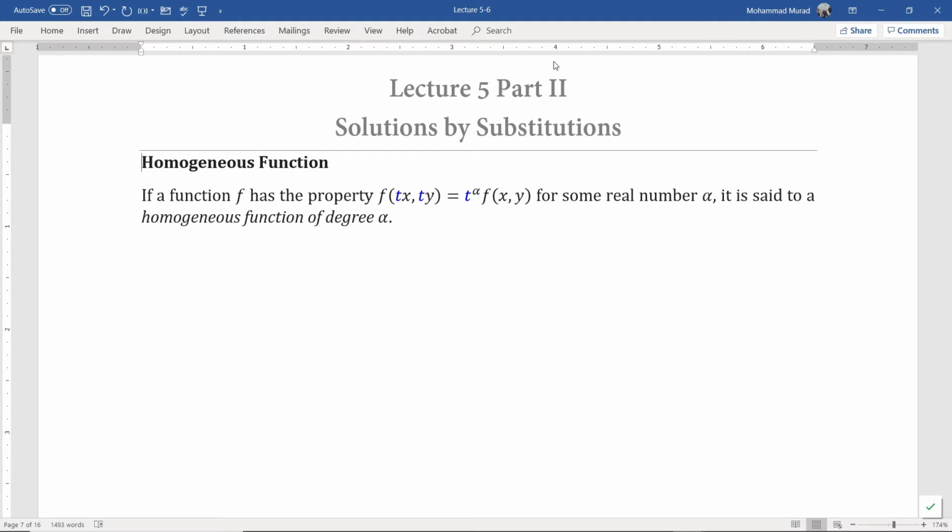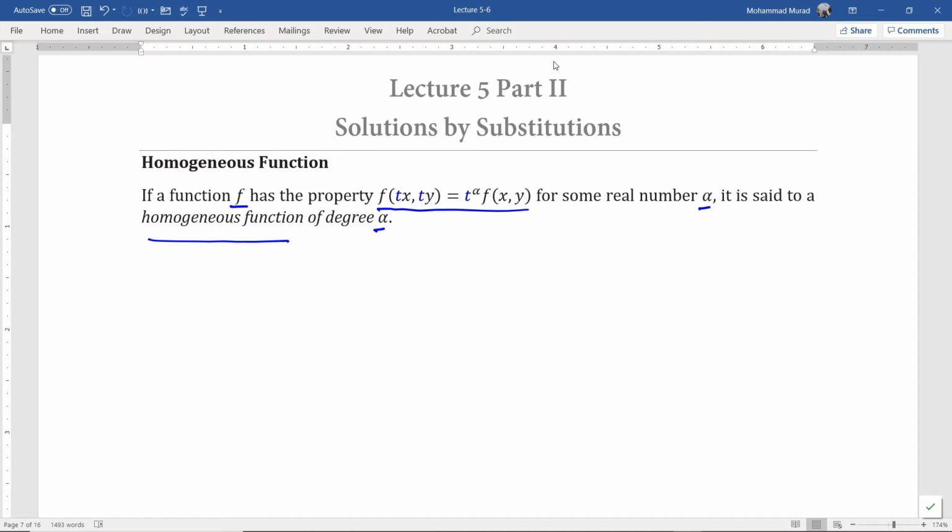If a function f has the property that f of tx comma ty equals t to the alpha times f of x comma y for some real number alpha, then it is said to be a homogeneous function of degree alpha.